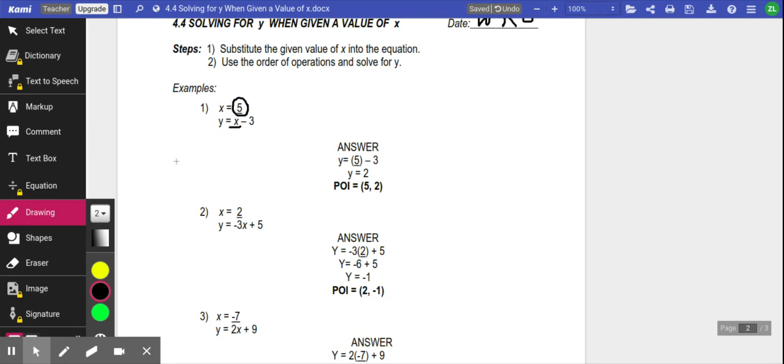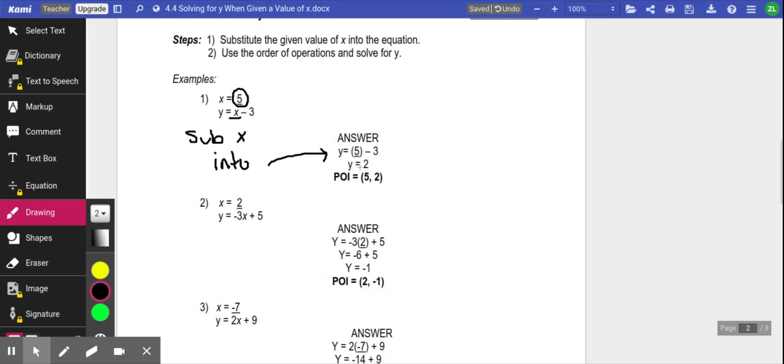So in this case, all we do is we sub x, or 5, into the y equals x minus 3 equation. We sub the 5 into the x spot right here, and we just solve it. So y equals 5 minus 3, y equals 2.